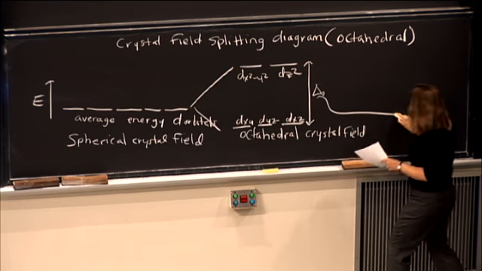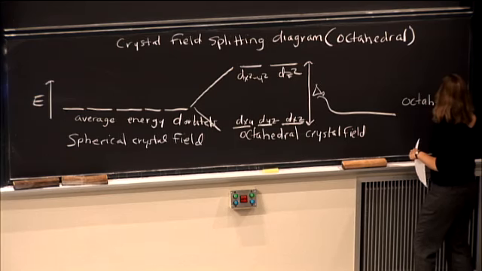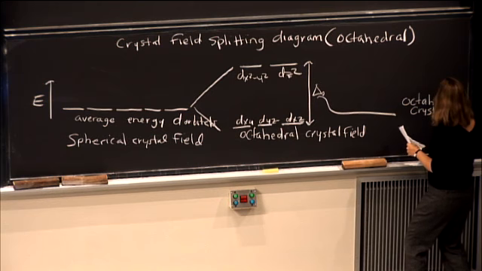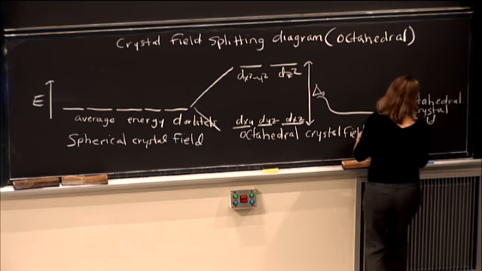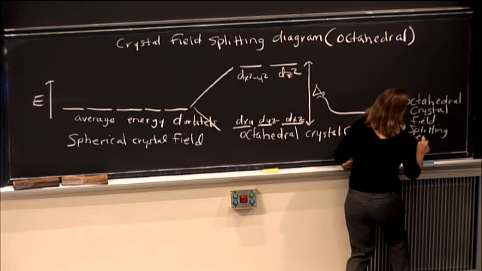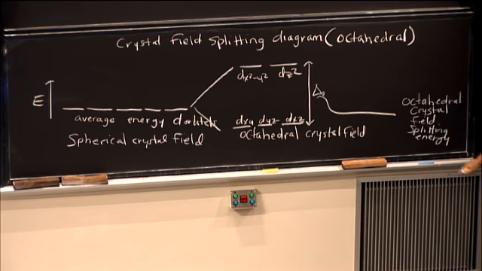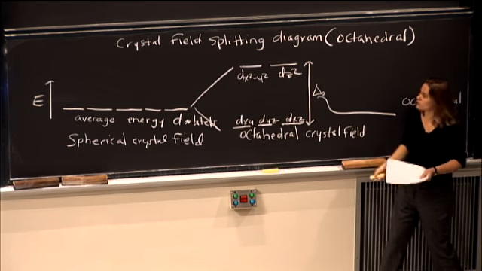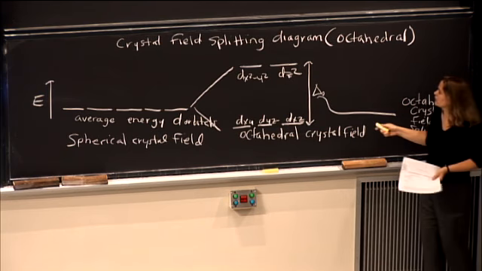So over here, this is for the octahedral case, crystal field splitting energy. And again, some of the orbitals go up in energy, some of the orbitals go down in energy, and the overall energy needs to be conserved.